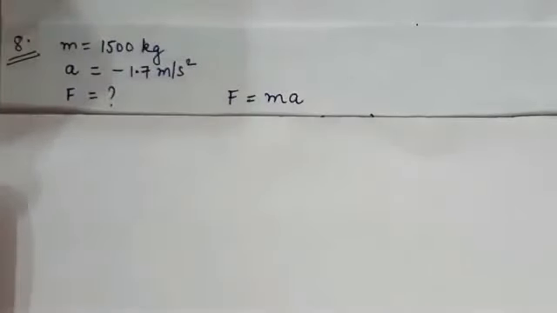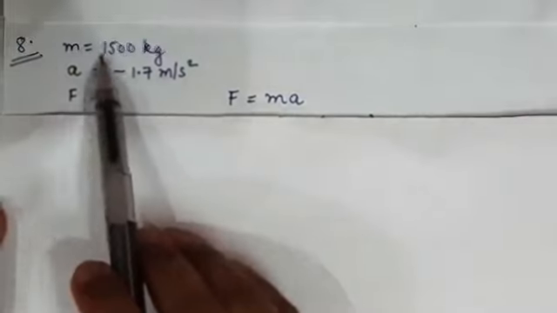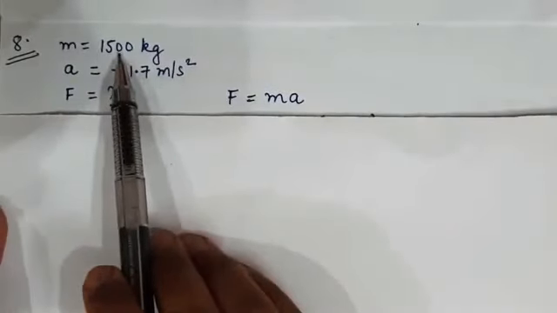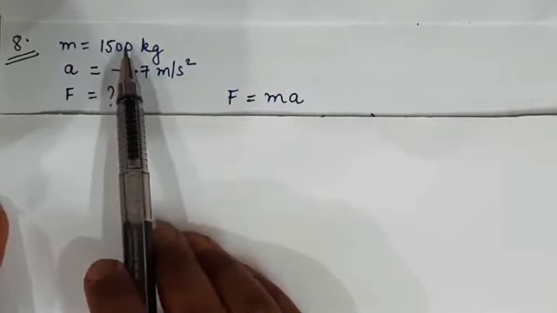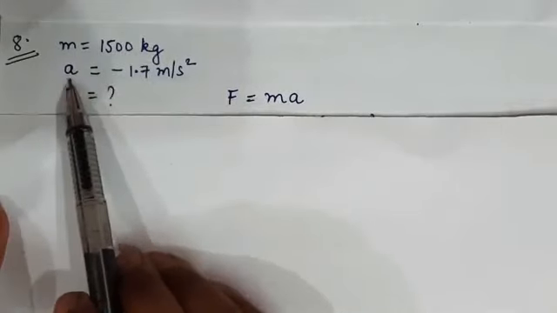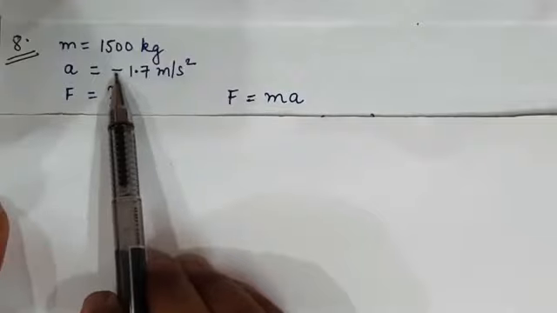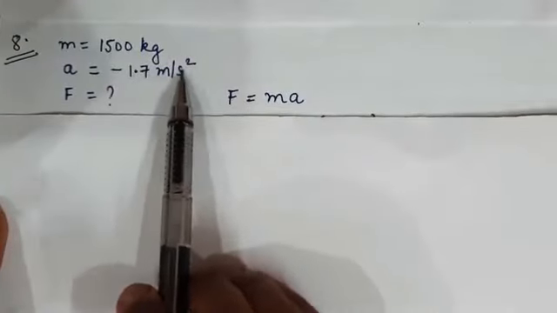Coming to question number 8. An automobile vehicle has a mass of 1500 kg. What must be the force between the vehicle and the road if the vehicle is to be stopped with a negative acceleration of 1.7 meter per second square? So the acceleration is also given, minus 1.7 meter per second square.